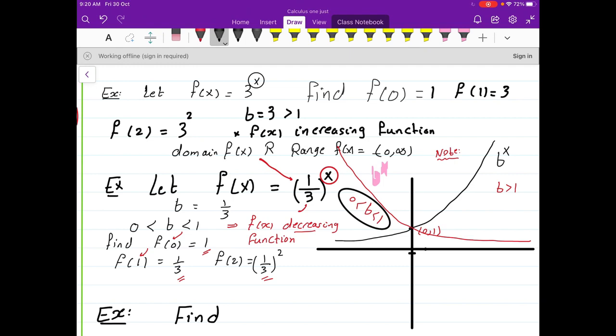So when b is between 0 and 1, you get a decreasing function. When b is greater than 1, we get an increasing function. But the domain and the range are the same.